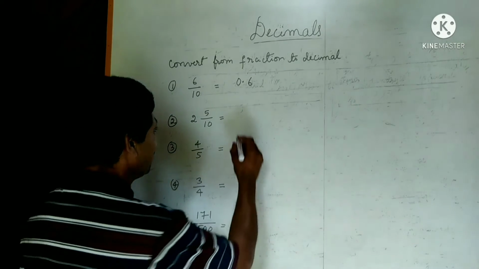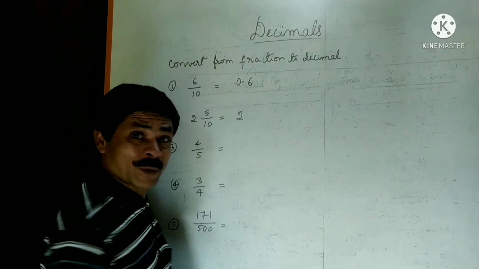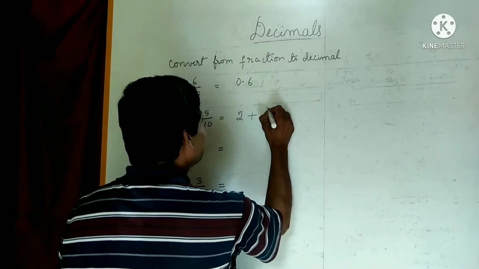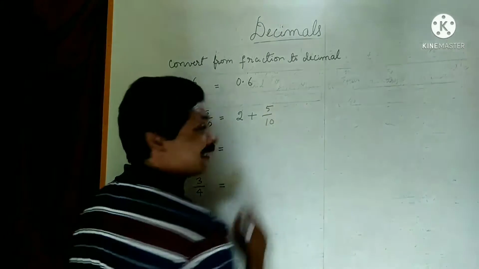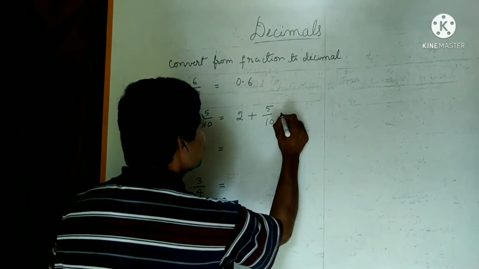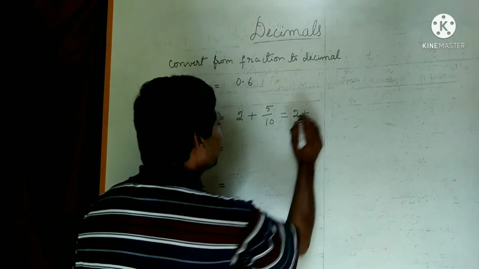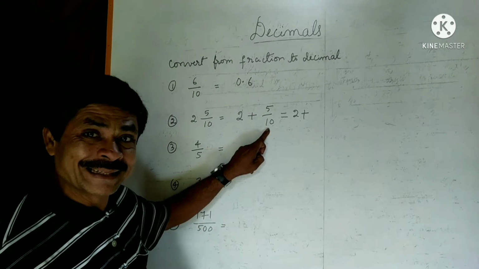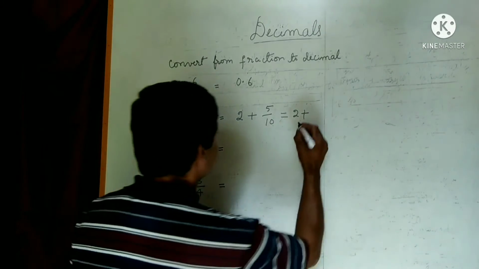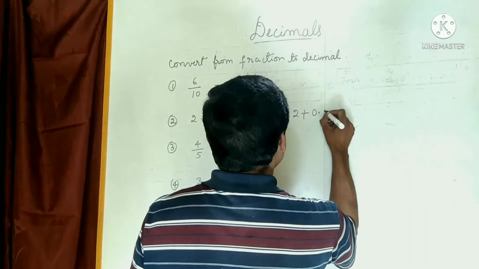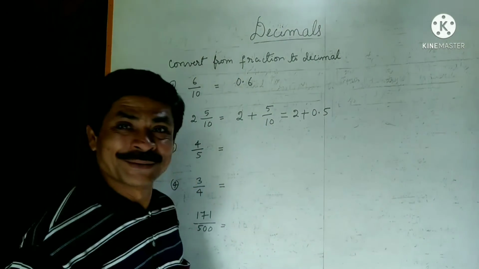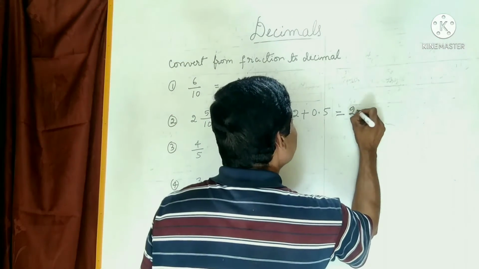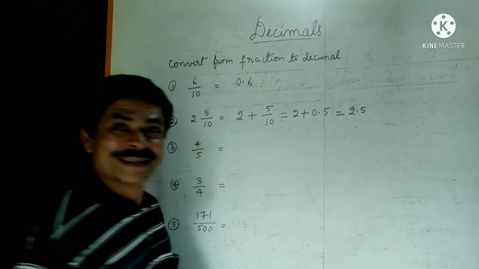You write 2 as the whole part plus 5/10. Because the denominator is 10, you can write 5/10 as 0.5. So 2 plus 0.5 is equal to 2.5, your answer.